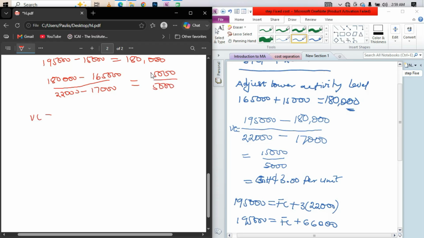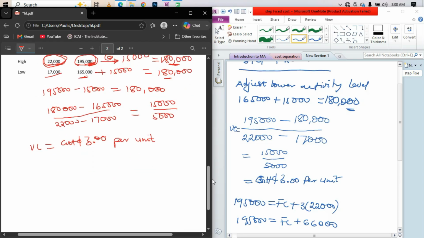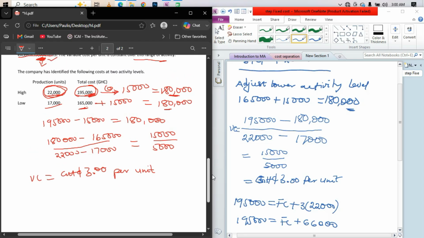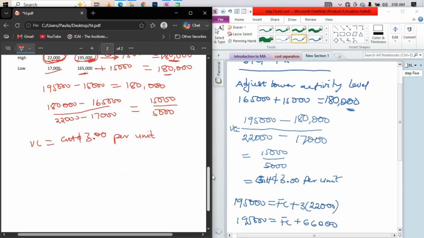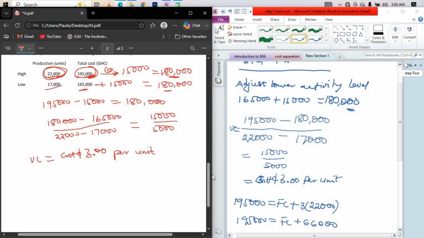So my variable cost is equal to 3 Ghana cedis per unit. Now if that's the case, let me get the function. So the function here, let me use the lower activity level. So the lower activity level should give me 165,000 is equal to fixed cost plus 3 times quantity, which is 17,000.